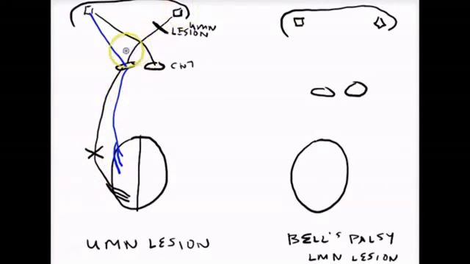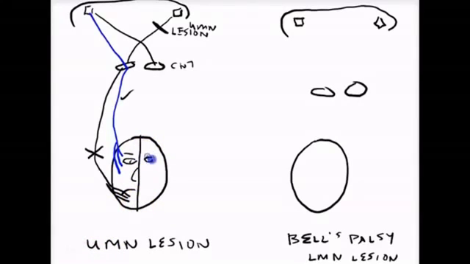At the same time, we're going to notice that our ipsilateral fiber, as it went to cranial nerve 7's nucleus, and then went down and supplied the upper portion of the face, that fiber remains intact. So if we were to look at the face, you're going to see a normal eye. The nose should be fine, but you'll see a drooping of the lower portion of the face.